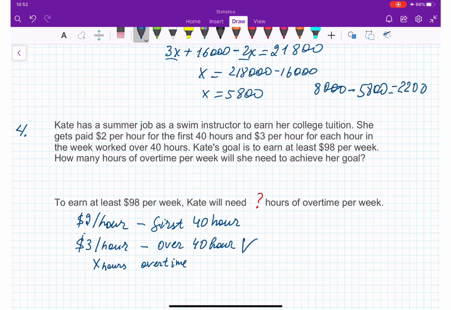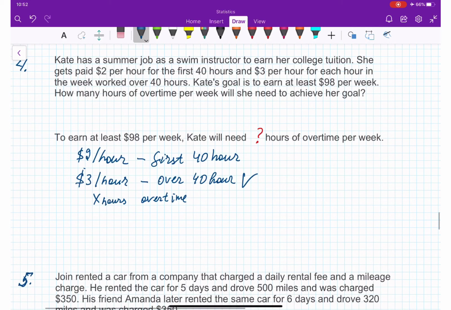Okay, so $2 for 40 hours. It's going to be 2 times 40, yes? Because that's the amount of dollars they will make for 40 hours. Next, $3 for over 40 hours, which is X hours, right? So we're going to do plus 3 times X, because over 40 hours is going to be X. How many? We don't know. X is holding that value.